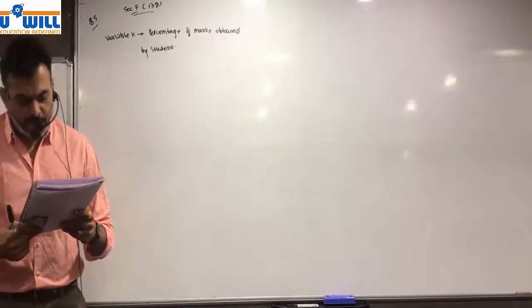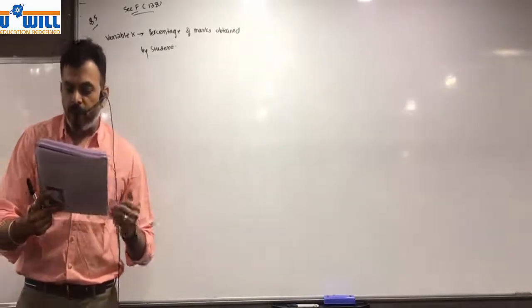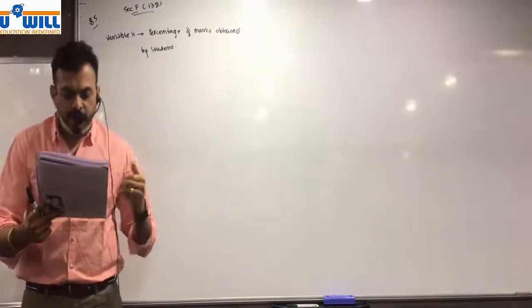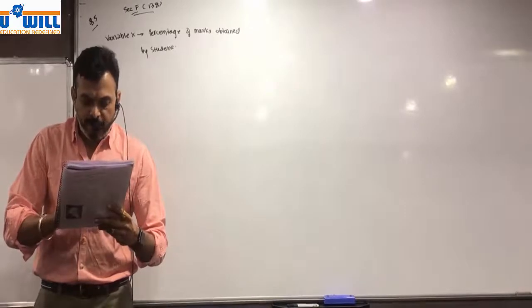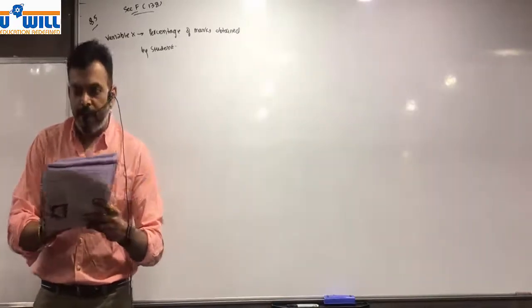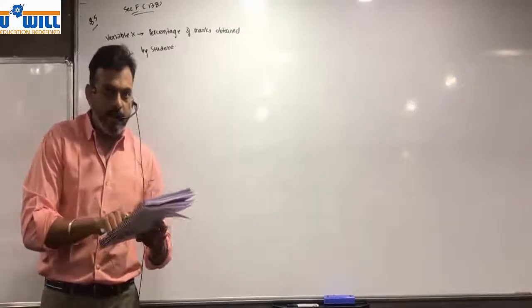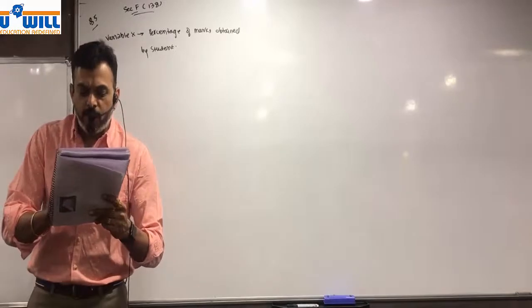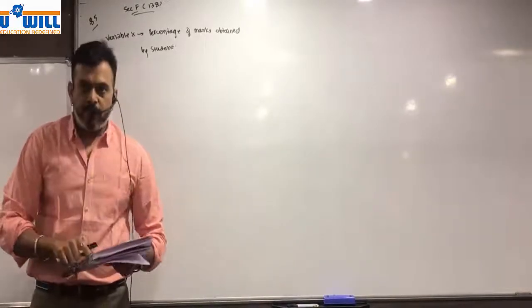Okay, first thing what we have to find out. For passing the examination, minimum 40% of total marks, and for distinction, minimum 80% marks are required. If the percentage of result of these students follow normal distribution, we have to find the mean and the standard deviation. So first let's find out the probability that a student scores less than 40% of the total marks.